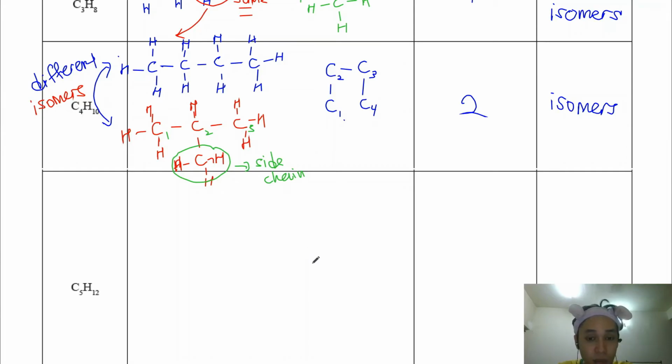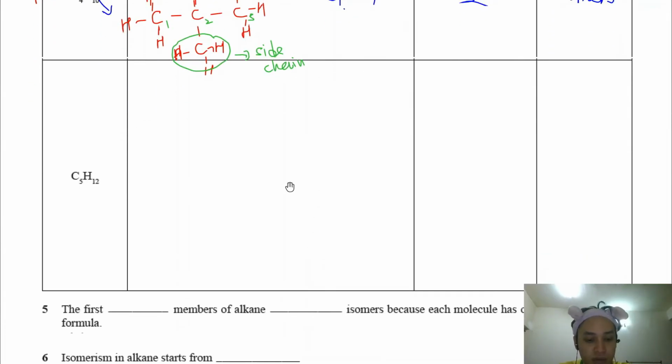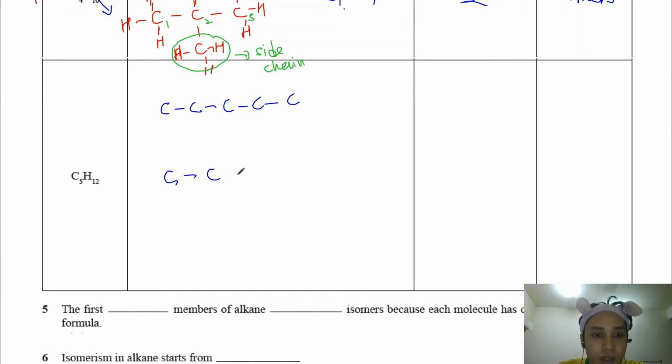Let me show you an example. Let's say for C5. First, I draw the 5 carbon chain. To draw the isomers, you try and reduce the number of carbons in the chain. From a 5 carbon chain, I change it into a 4 carbon chain, 1, 2, 3, 4, and then I have one more carbon, so I can put it here. This one will become a side chain. Now let's say I reduce some more. This is the 4 carbon chain, longest. Doesn't matter how: this is 1, 2, 3, 4 with a side chain, or 1, 2, 3, 4 with this one as side chain, it's the same thing.